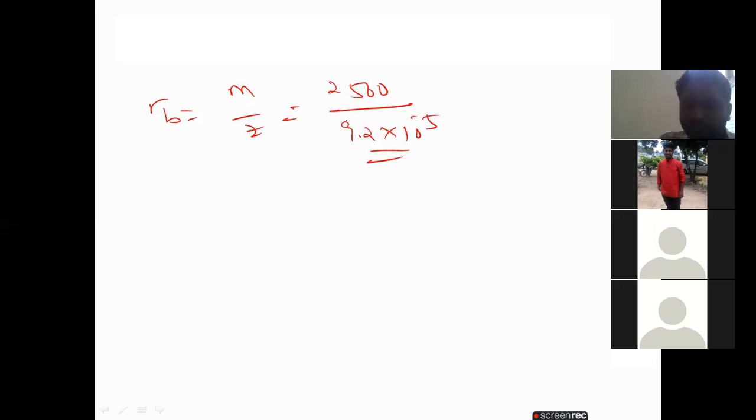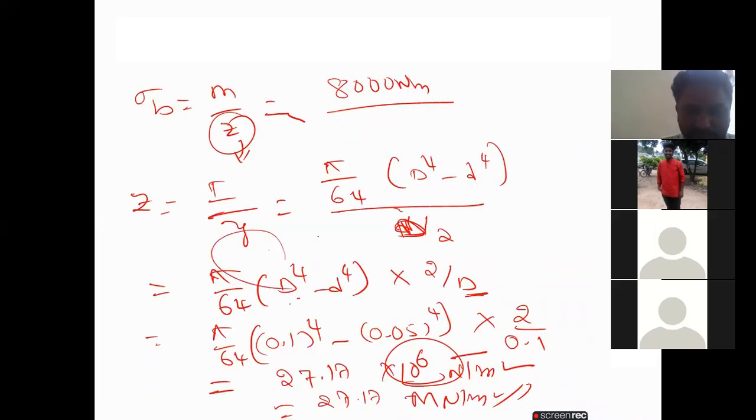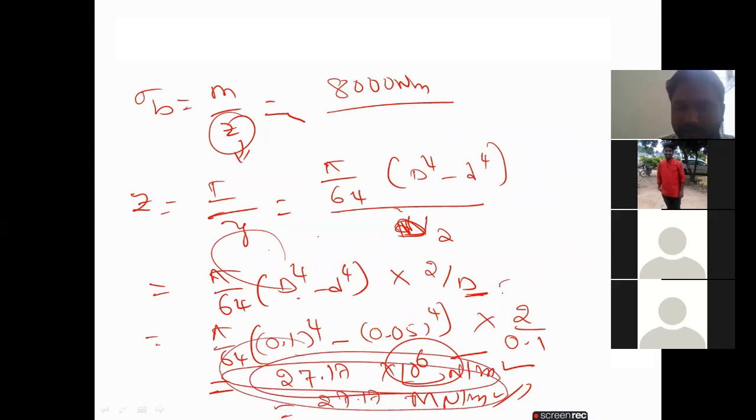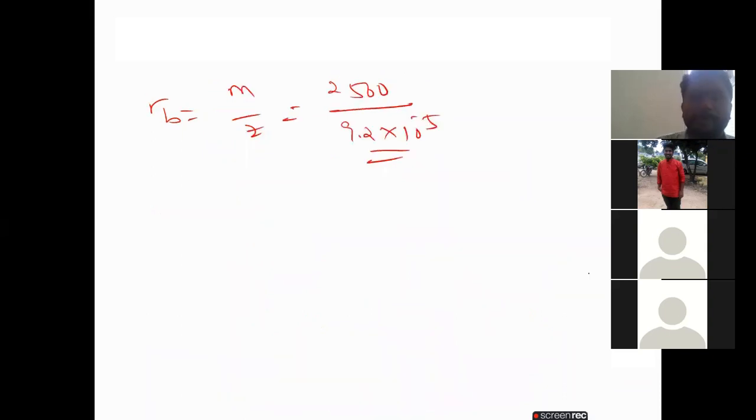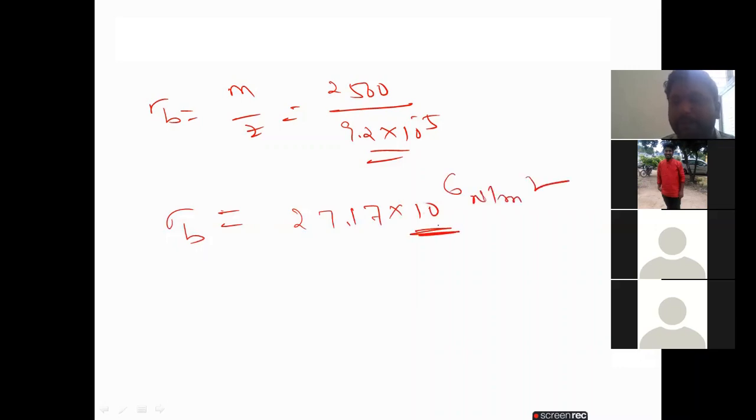Sorry, the 27 I said earlier was a mistake; we got Z as 9.2 into 10 to the power of minus 5. So finally the sigma B value we got is 27.17 into 10 power 6 Newton per meter square. 10 power 6 is denoted with mega, so 27.17 mega Newton per meter square. This is how we calculated the bending stress.